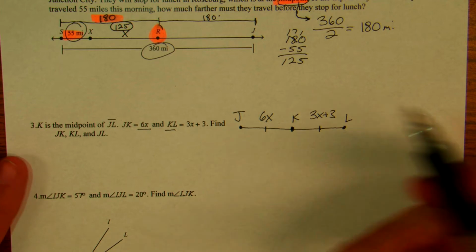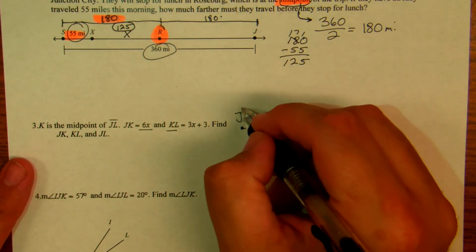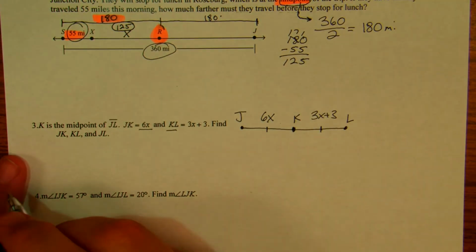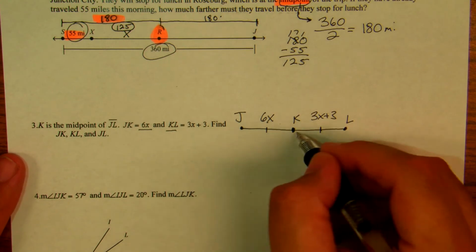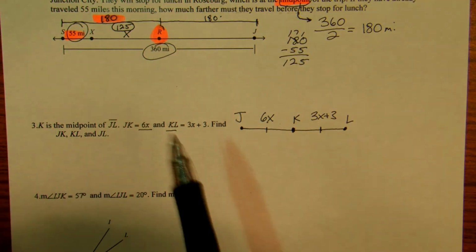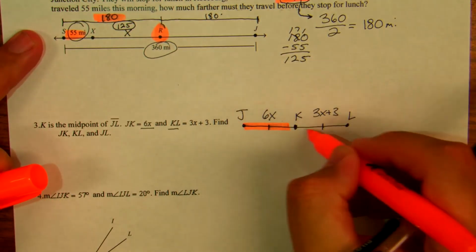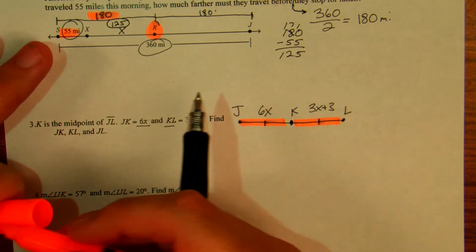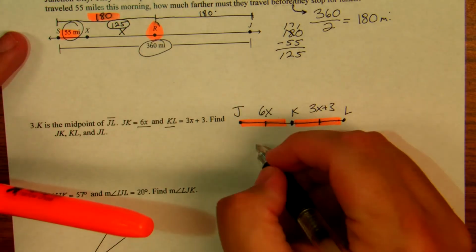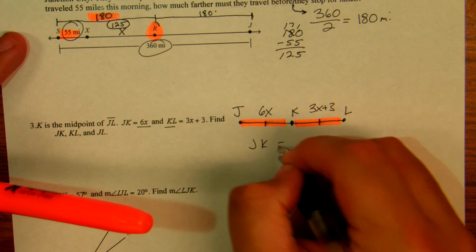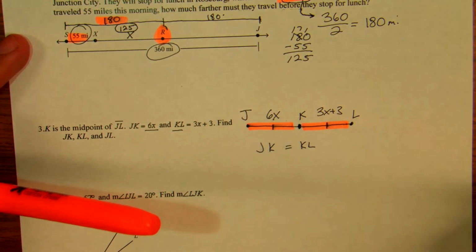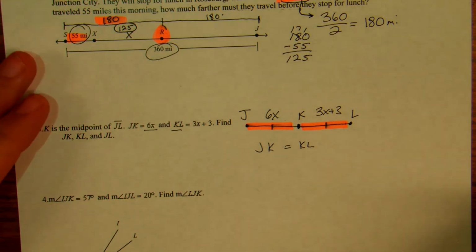What's the relationship between JK and KL? They're equal to each other. So that guy and that guy are the same. So JK is equal to KL. So now how do we set this up?